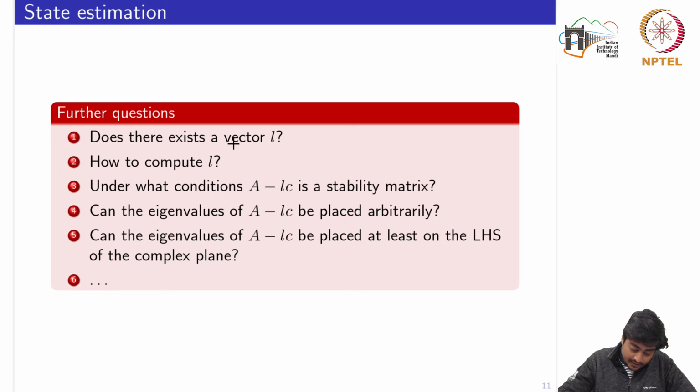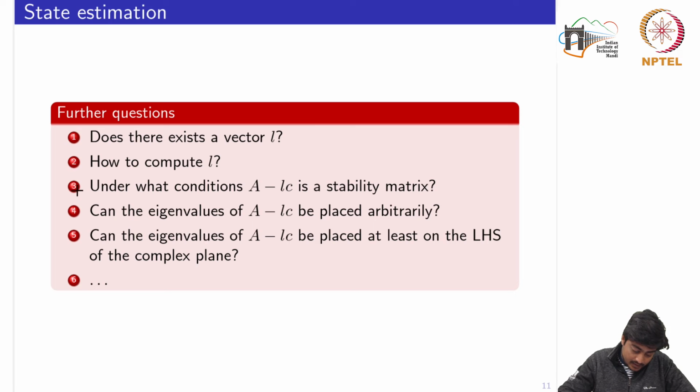The second: if we have ensured the existence of L, we need to compute L. The third: under what conditions can we say that A minus LC is a stability matrix? Fourth: can the eigenvalues of A minus LC be placed arbitrarily, or under what conditions can they be placed arbitrarily?